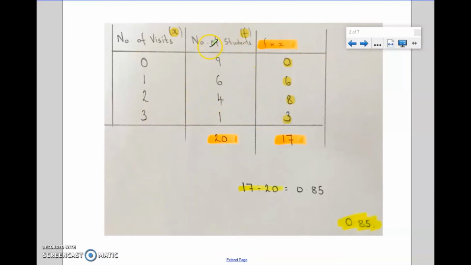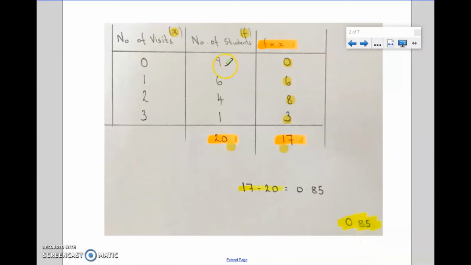The total of my frequency, so the total number of students, is 20, and the total number of gym visits is 17. So notice in this question, when we come to do the division, because we always divide total of column 3 by total of column 2, we're actually going to end up with a value less than 1. 17 divided by 20, 0.85, tells me that the mean number of gym visits is 0.85.